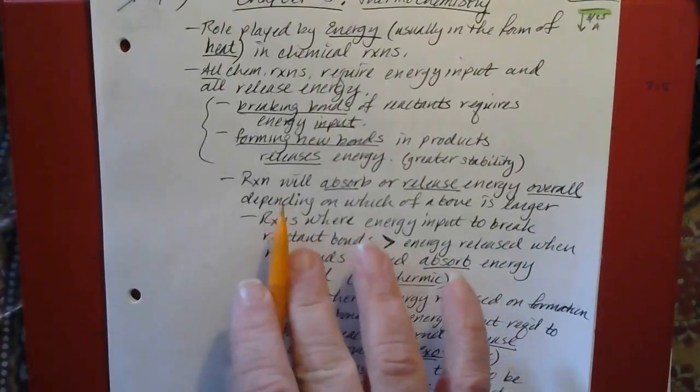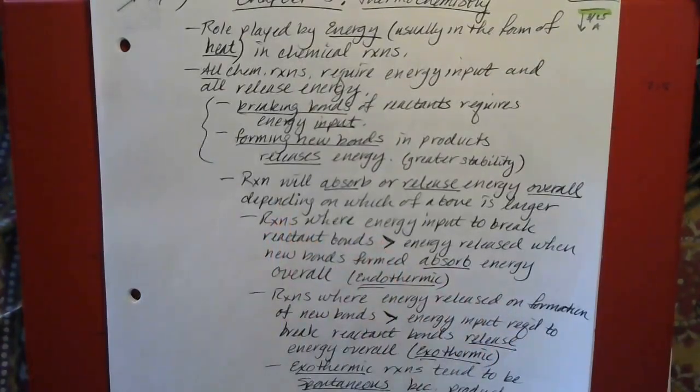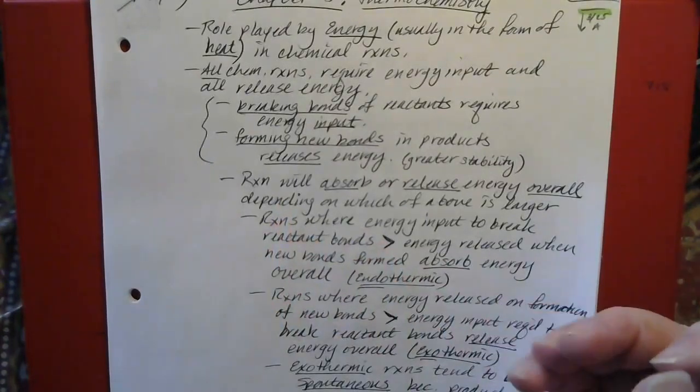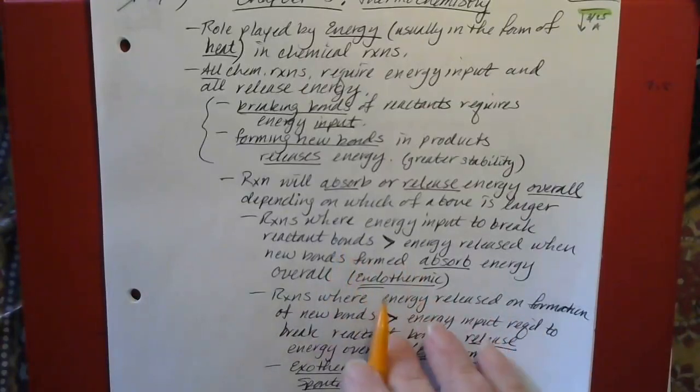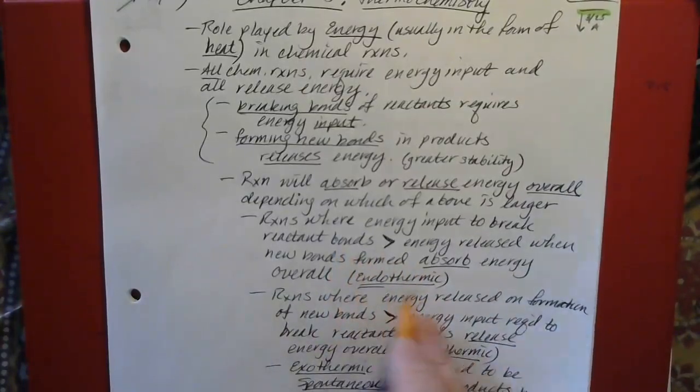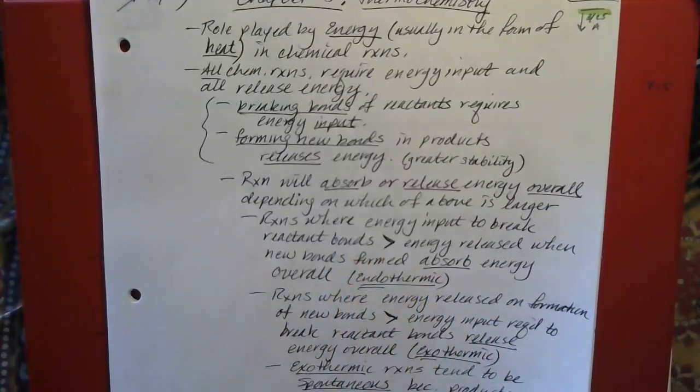So in other words, if the reaction basically takes in more energy to break bonds than it releases when new bonds are formed, that will be known as an endothermic reaction because the reaction has taken in energy overall.